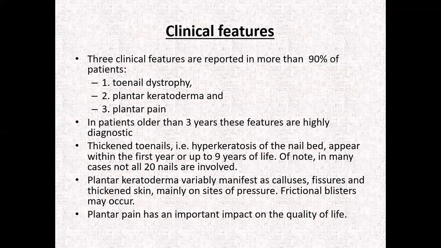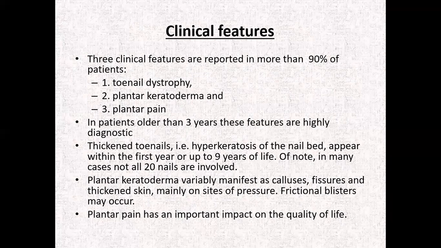The three clinical features that are reported in 90% of the patients are the toenail dystrophy, plantar keratodermas, and plantar pain. In patients older than 3 years, these features are highly diagnostic. The thickened toenails, that is hyperkeratosis of the nail bed, appear within the first year or up to 9 years of life.